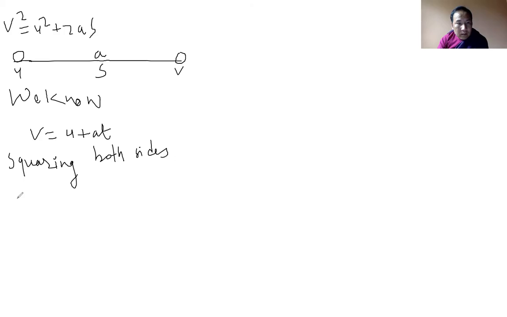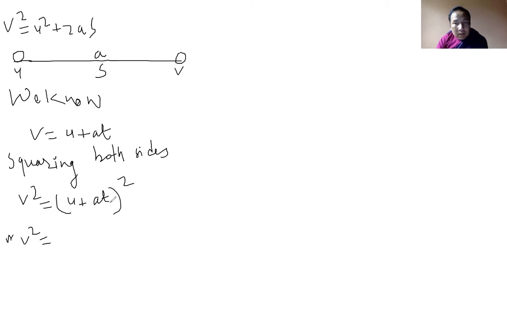When squaring both sides, it turns into v square equal to u plus at whole square. This is in the form of a plus b whole square.